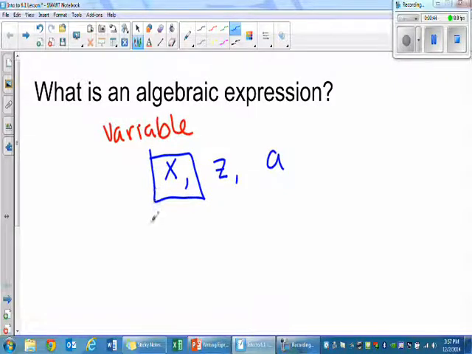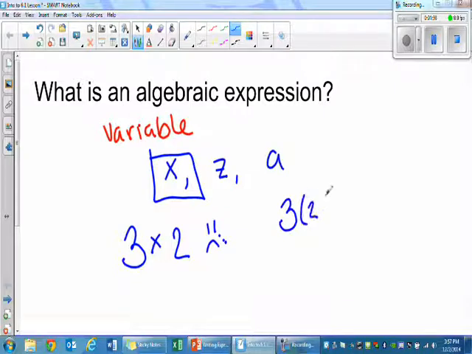So before we move on, we need to cover this. 3 times 2, we've normally seen like this, 3 times 2 with an x in the middle. Okay, no more x's to represent multiplication. Just need to do 3 times 2 with parentheses, or you might see 3 times 2 with a dot.